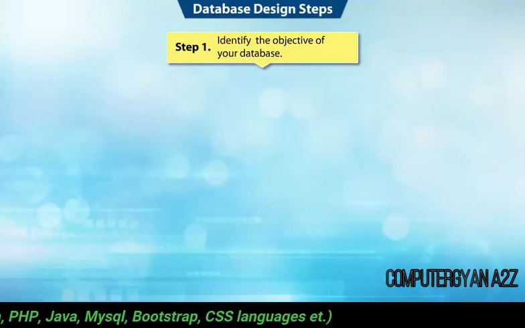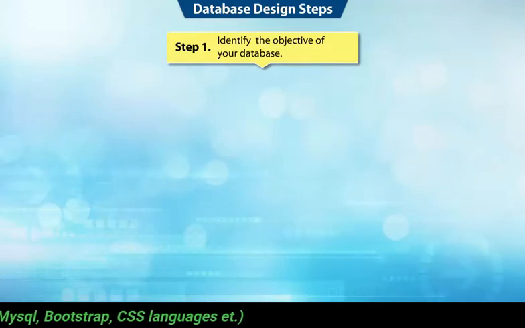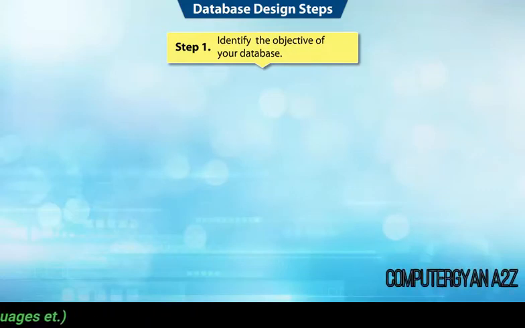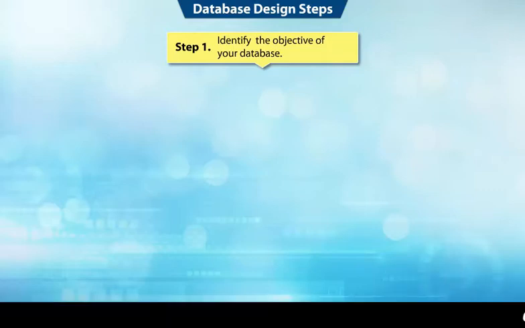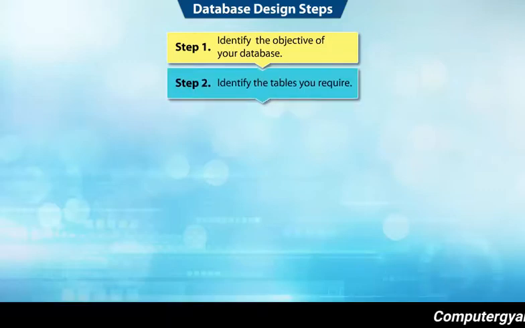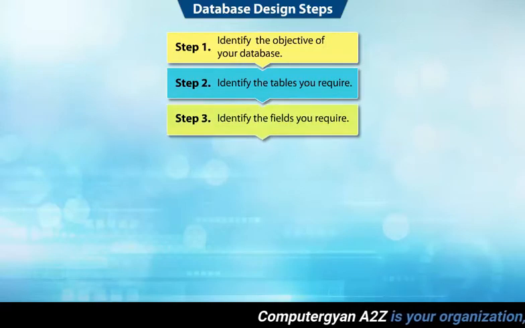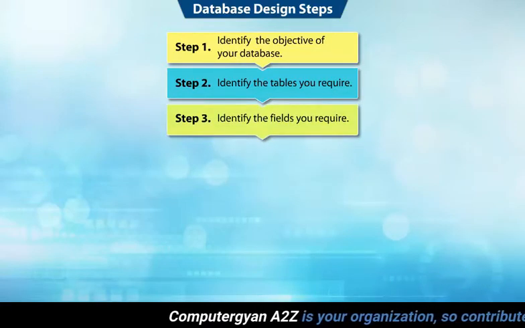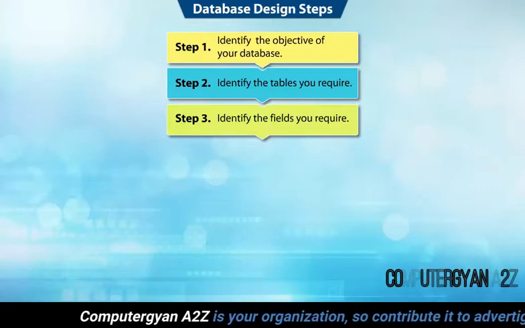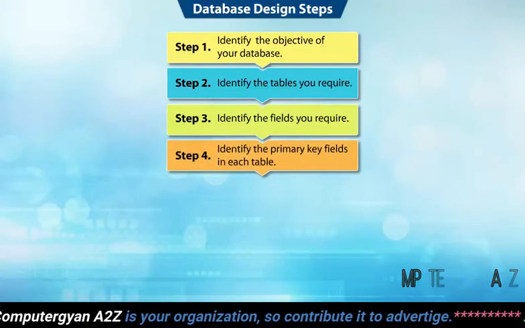Database design involves 7 crucial steps. Step 1. Identify the objective of your database. Step 2. Identify the tables you require. Step 3. Identify the fields you require. Step 4.